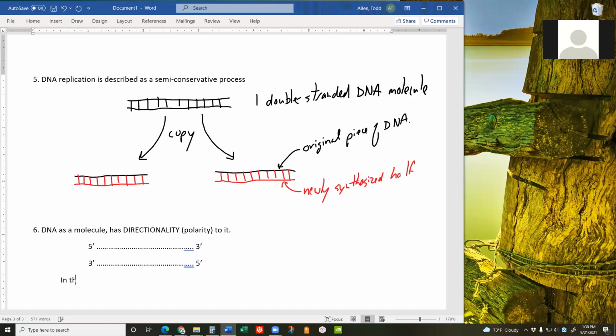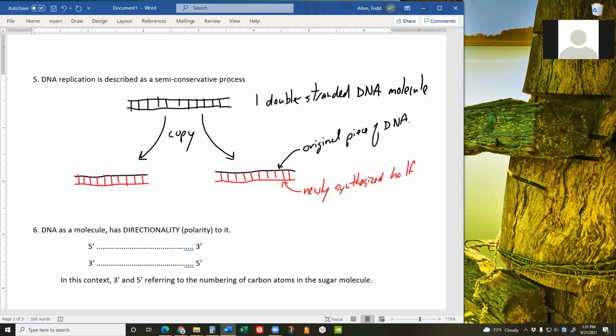In this context, 3' and 5' refer to the numbering of carbon atoms in the sugar molecule. Now, we don't need to go any further than that.